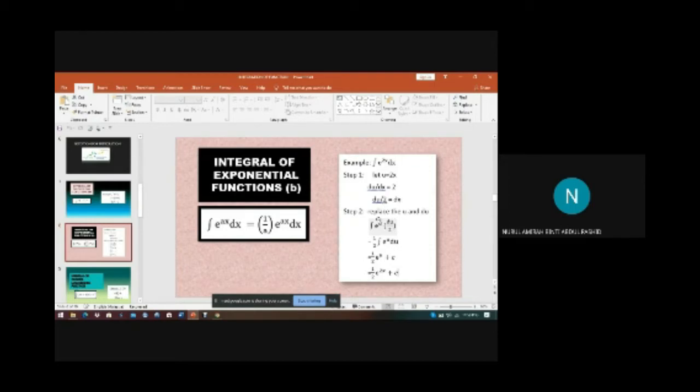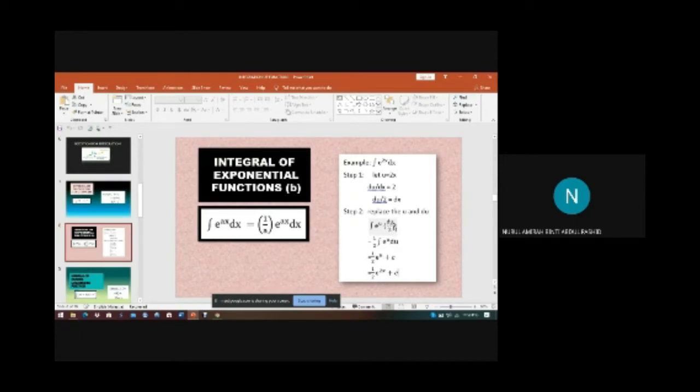So we move to step 2. Step 2 is we have to replace the 2x here with the u variable and replace dx here with du over 2. So it will turn to be like this.